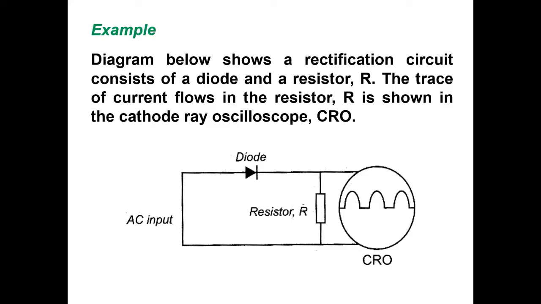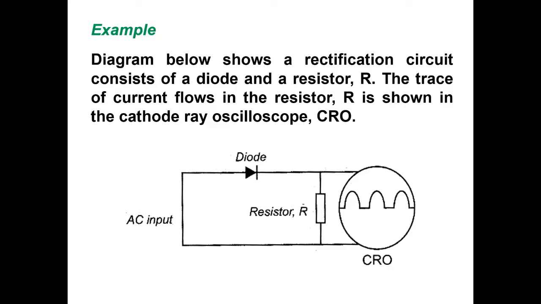Then finally, we look at some examples which involve questions with the semiconductor diode. The diagram shows the rectification circuit consisting of a diode and a resistor R. The trace of the current flow in the resistor R is shown on the CRO.